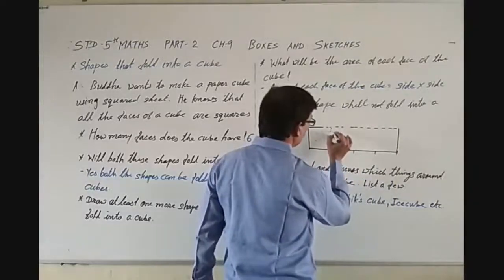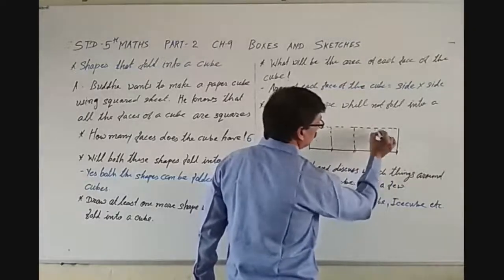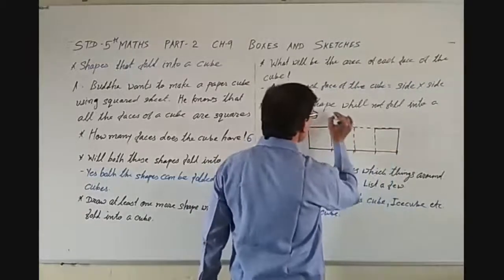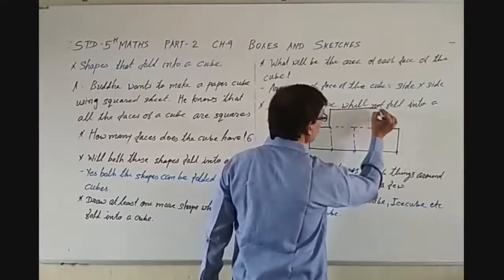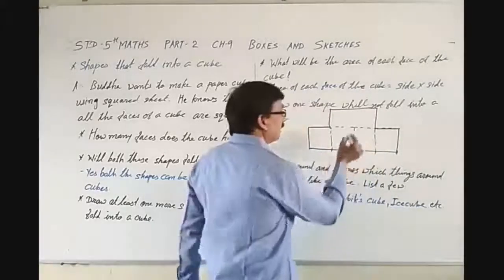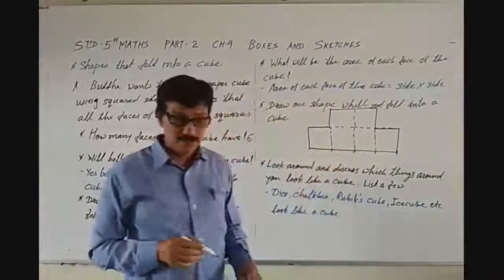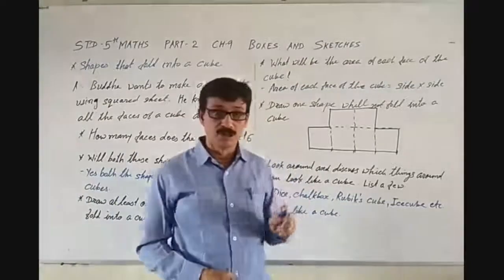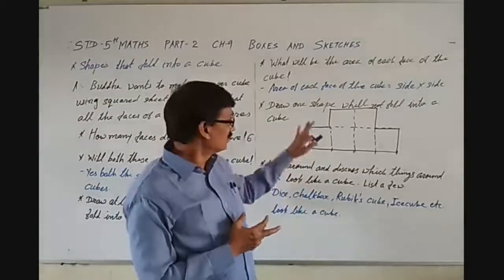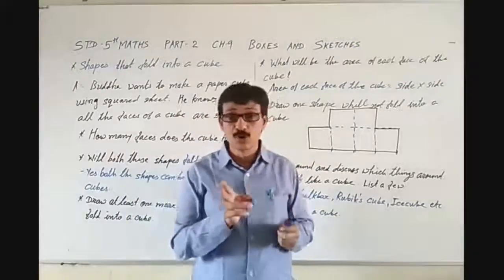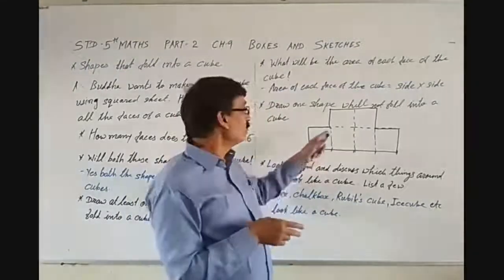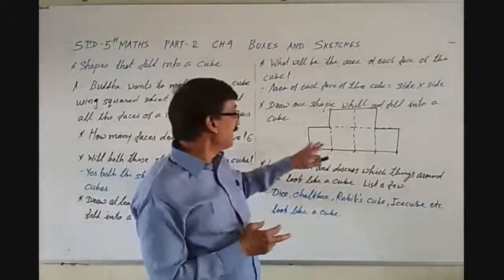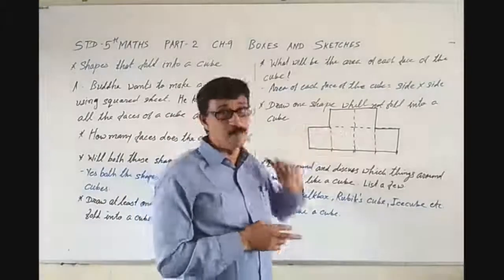Now 1, 2, 3, and if I draw this shape something like this, then through this one it is not possible to prepare a box or cube. So you also draw it in your notebook, cut it and try to fold it, and find out whether a cube can be made through this shape or not.